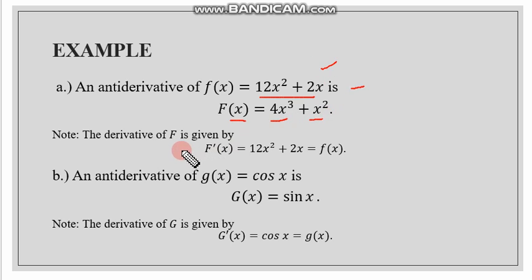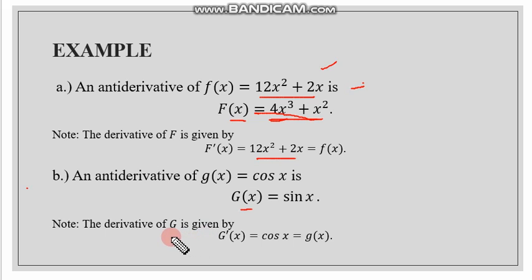Why? Because the derivative of 4x cubed plus x squared is actually the function 12x squared plus 2x. Okay, so next is the antiderivative of g of x is equal to cosine x. It's actually G of x is equal to sine x.